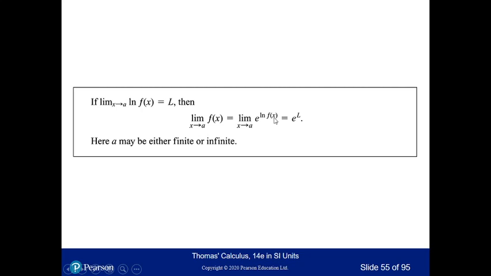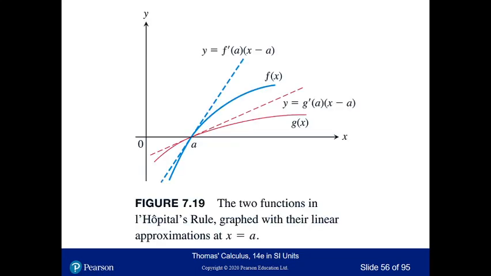We talked about that before. And the limit of e to the something is e to the limit of that thing, but the limit of ln f of x is given to be L. So the answer is e to the L. Okay. It says here a may be either finite or infinite. No problem. You can have both.